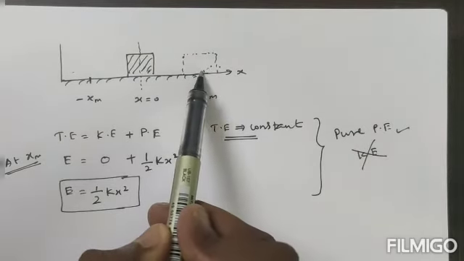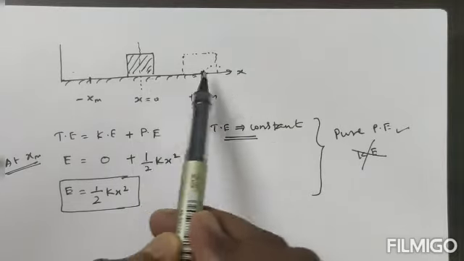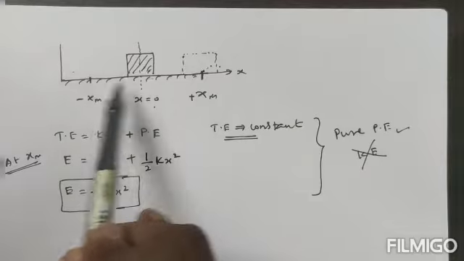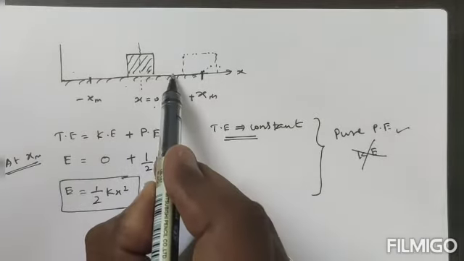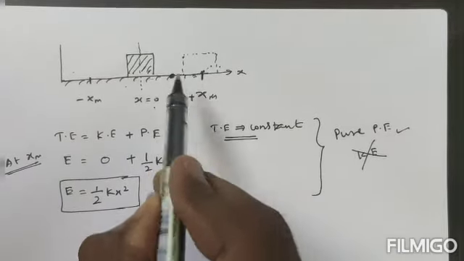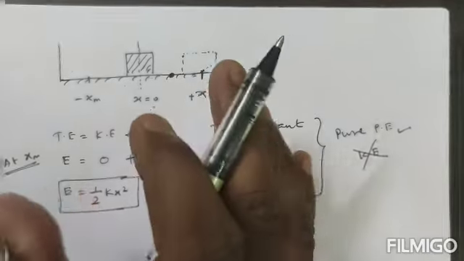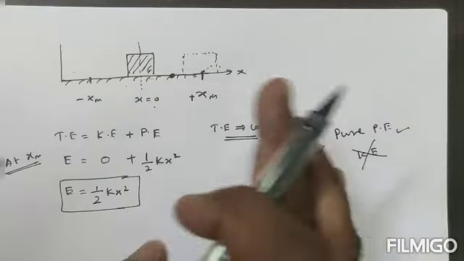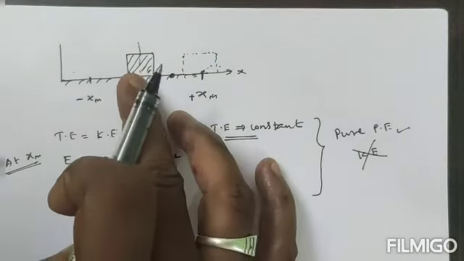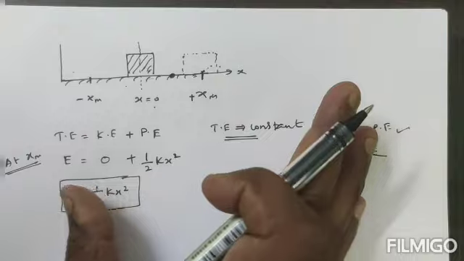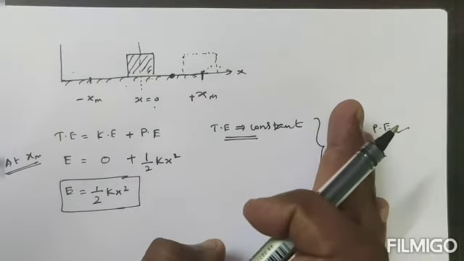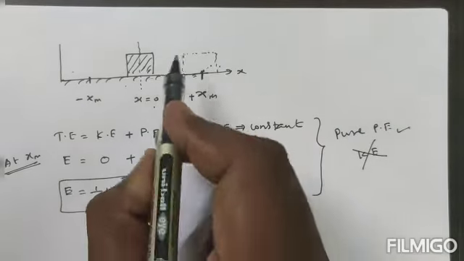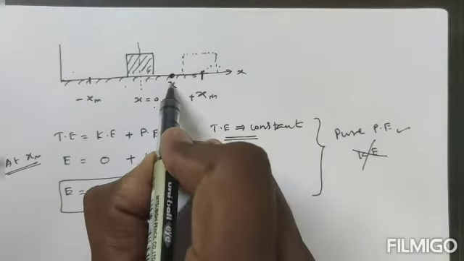Next, let us imagine the object is displaced in between the maximum position and 0, at any place. Let us take this place. Now the object is here, which we call an arbitrary position. Here or here, the total energy must be constant, with no change in the total energy. The position I take as x.